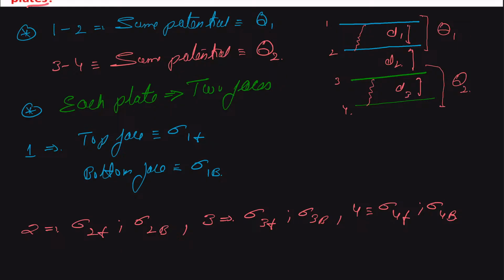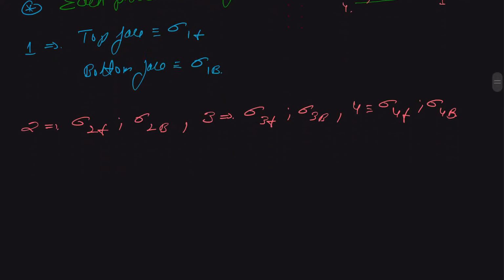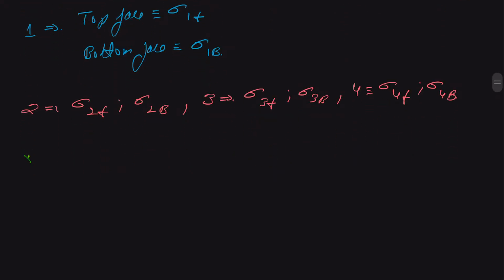And we know that in case of our parallel plate conducting plate system, the outer surface charges are equal. That we already know. So we can say that the outer surface charges are equal.